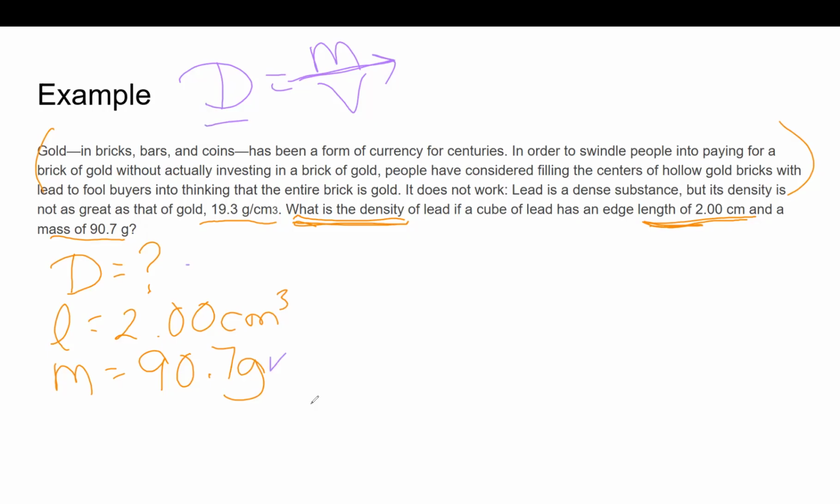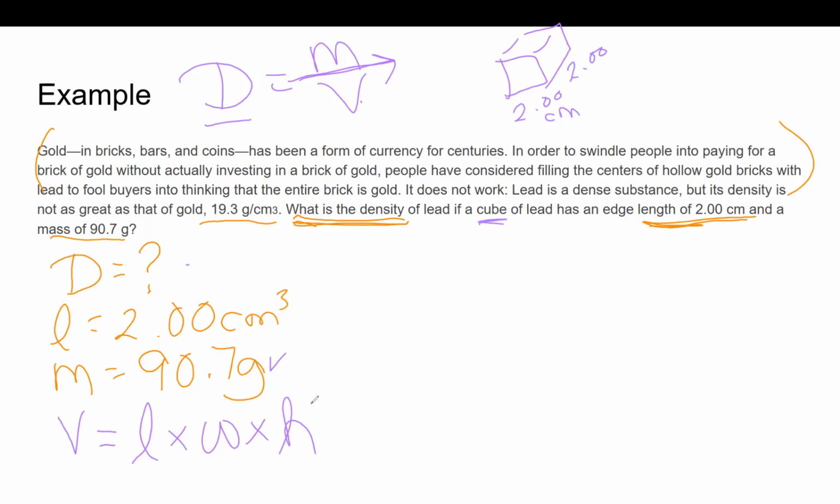We want to find our density, but we don't have a volume. Well, if you remember from your other classes in math, volume is length times width times height. This right here is a cube, and that's what it's telling us. So visualize a cube. The cube has a length of 2 centimeters. What do we know about cubes? Right, that its width, length, and height are all equal.